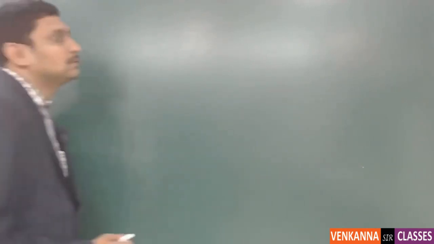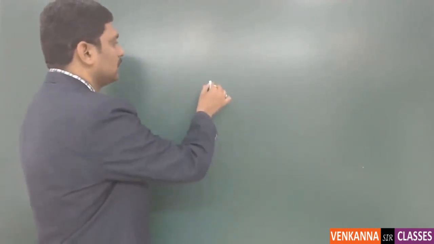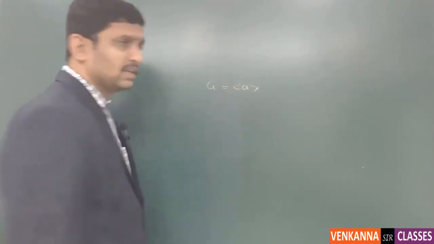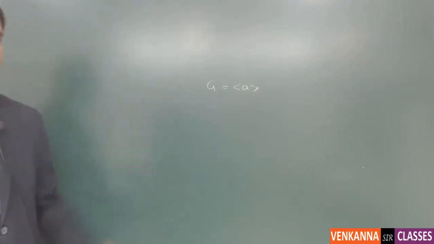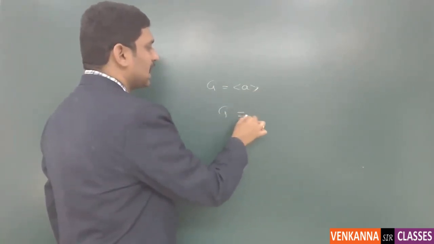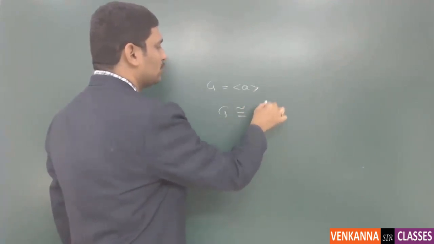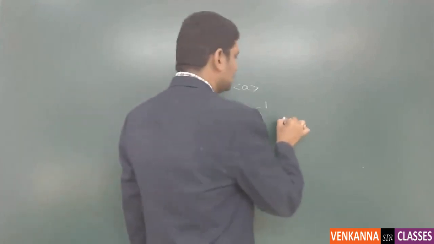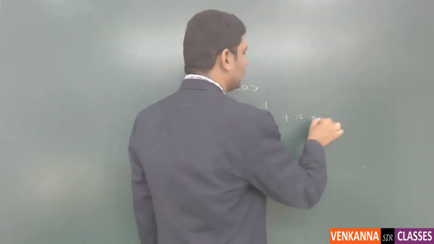Now, as we know, if G is a cyclic group and G is isomorphic to another group G dash, then what happens? It also becomes cyclic.